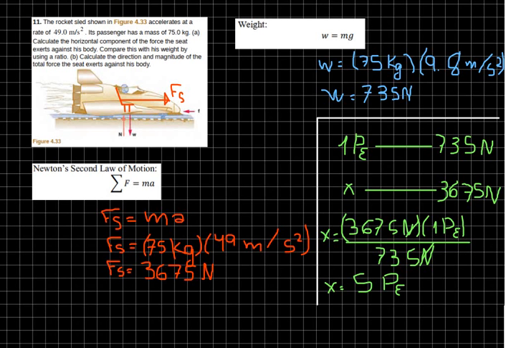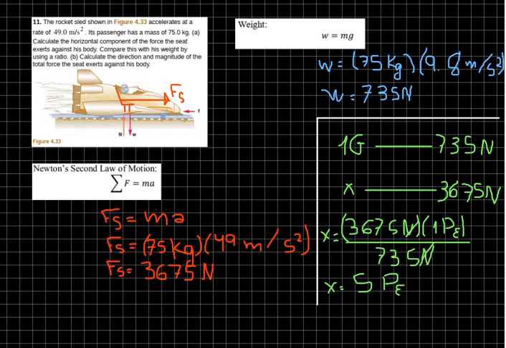In physics, it's more suitable to talk about 1g, but capital G, to make a difference with the value of the acceleration due to gravity. 1g is able to produce 735 newtons on the body of the passenger.